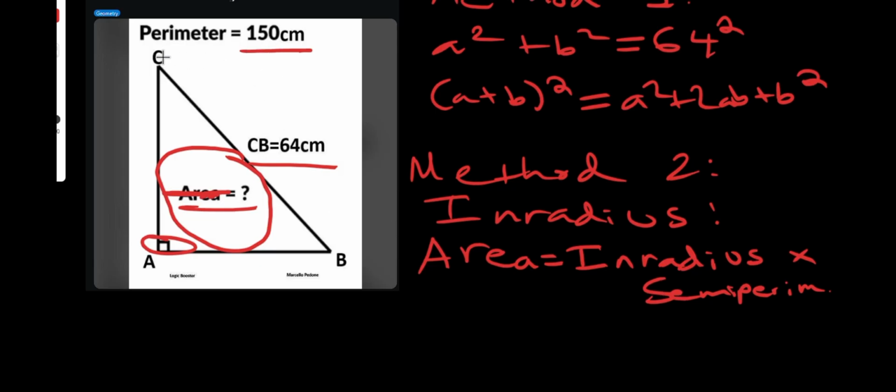The semi-perimeter is just a fancy word for the perimeter divided by 2, and that would just be, in our case, 150 divided by 2. That's 75 centimeters. So we can simplify that into A is equal to, I'm just going to say IR, times 75. And now you're probably wondering, okay, but how do we even find the inradius?